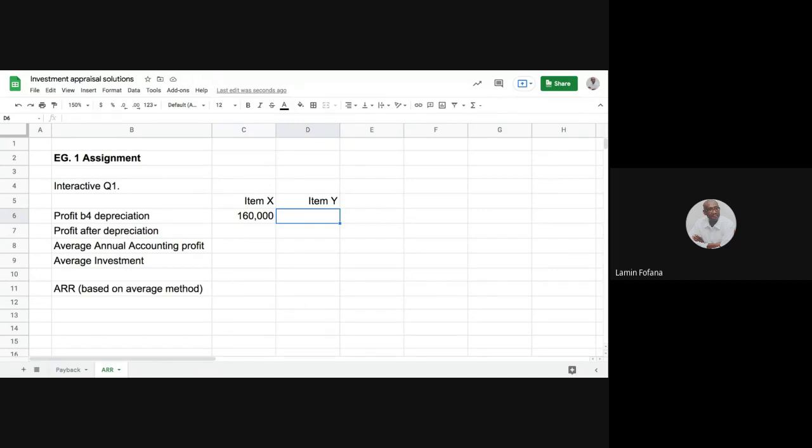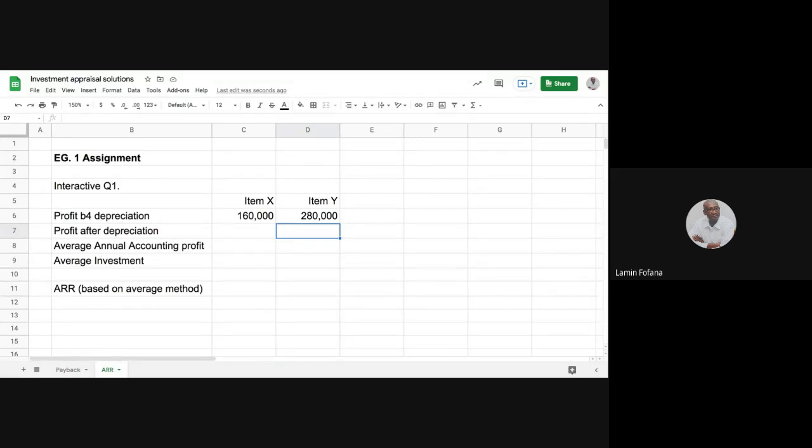So I add the cash flows before depreciation from year 1 to year 5 for Y. How much? I'm waiting. 280, please. 280,000. Correct. 280,000.